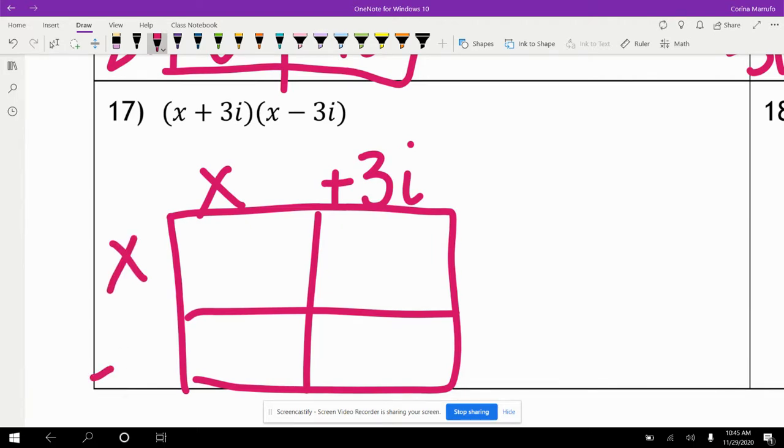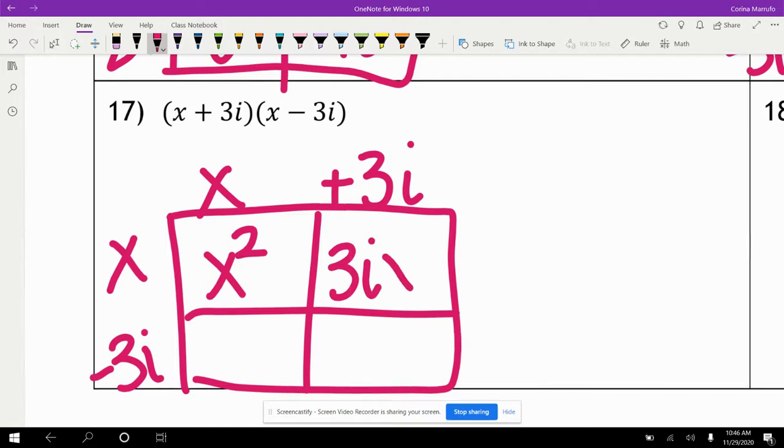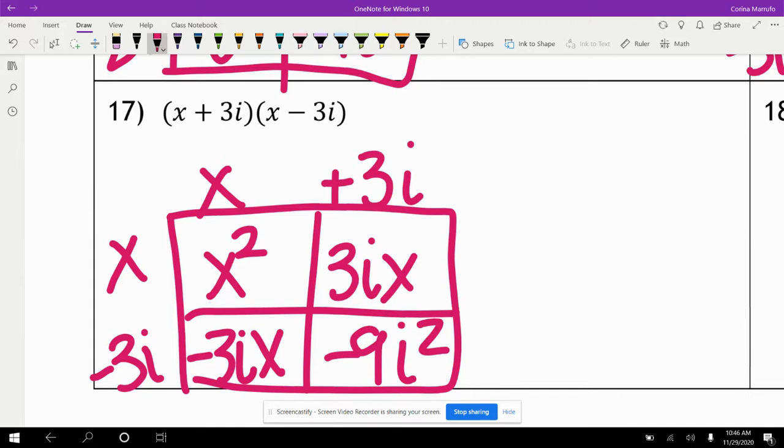So we multiply. x times x is x squared. x times 3i gives us 3ix. Negative 3i times x gives us negative 3ix. And then 3 times negative 3 gives us a negative 9. i times i gives us i squared.